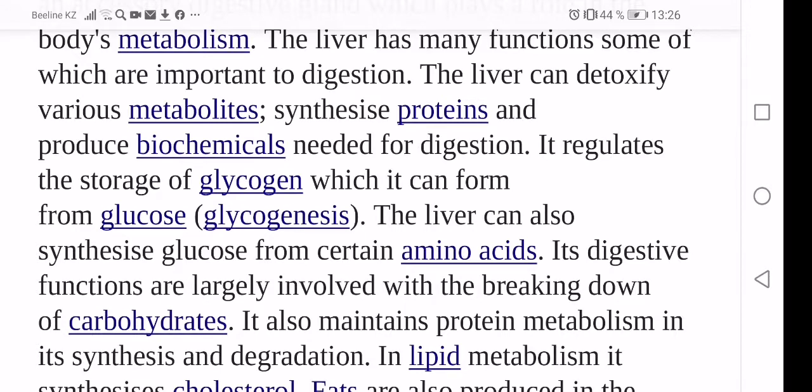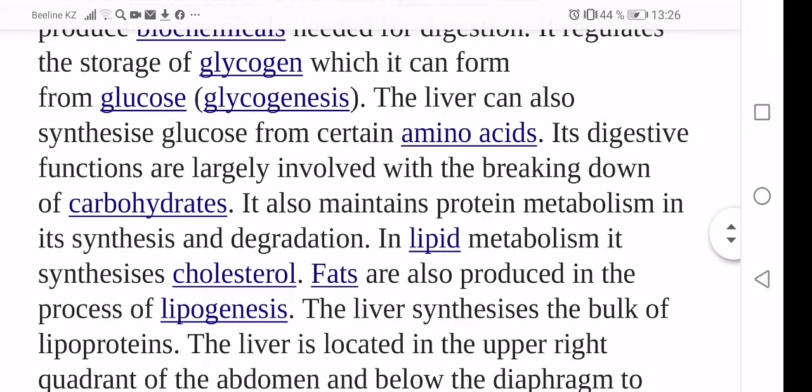It regulates the storage of glycogen, which can be formed from gluconeogenesis. The liver can also synthesize glucose from certain amino acids.